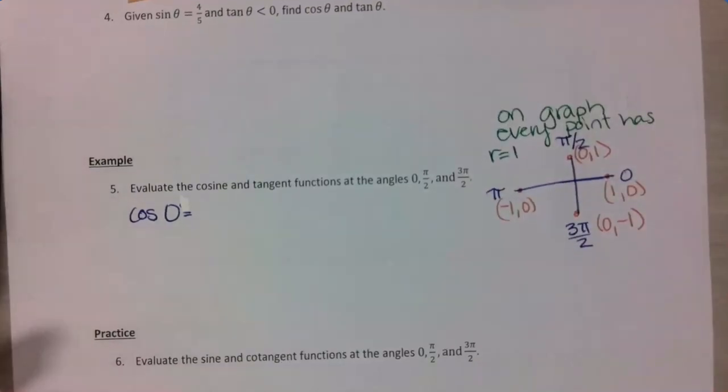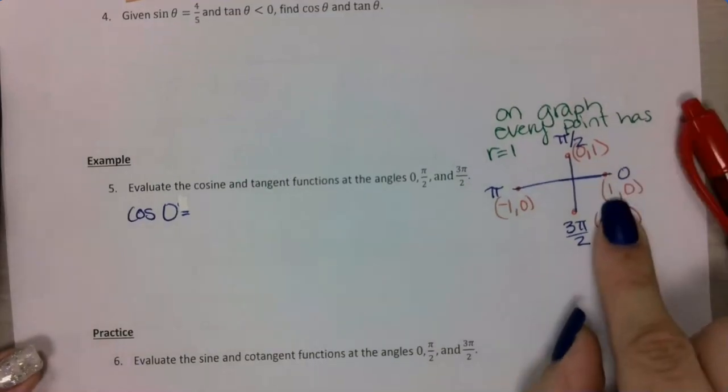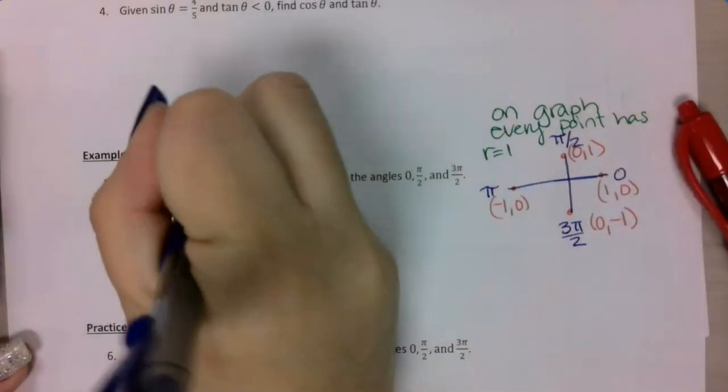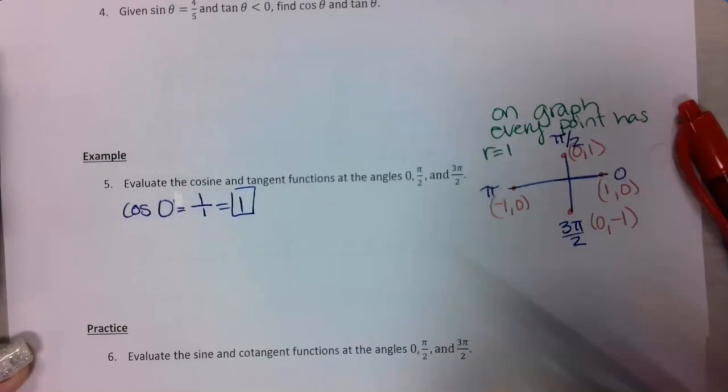Okay. So cosine is x over r. So at 0, my x value is 1, and my r is 1. So my cosine of 0 is 1.